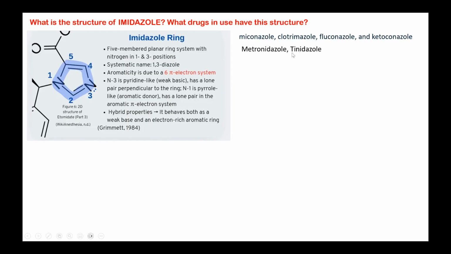So metronidazole and tinidazole are antiparasitic agents, then azathioprine and dacarbazine. Now, what is azathioprine? An immunosuppressant agent given mainly after transplant to prevent rejection. And dacarbazine is a chemotherapeutic agent, an anti-cancer drug.